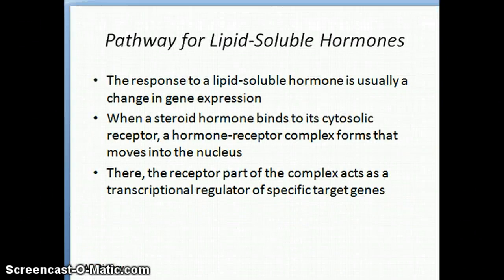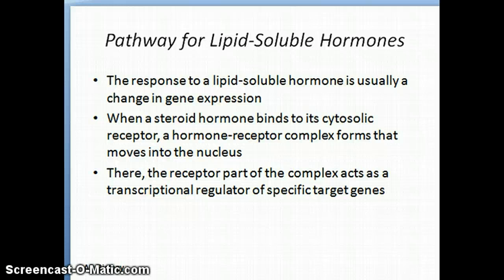This is in contrast to the lipid-soluble hormones. So the response to a lipid-soluble hormone is usually going to be a change in gene expression. Primarily, it's going to either turn on or turn off the transcription and translation of genes.